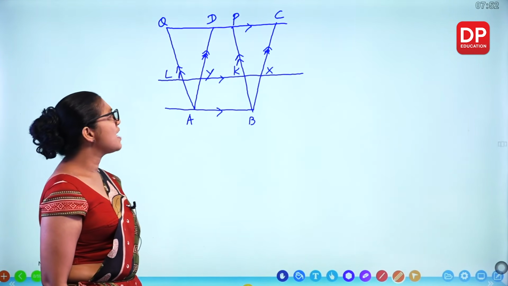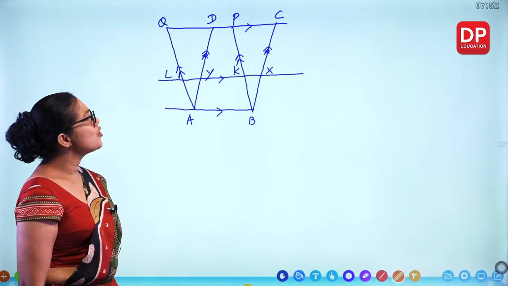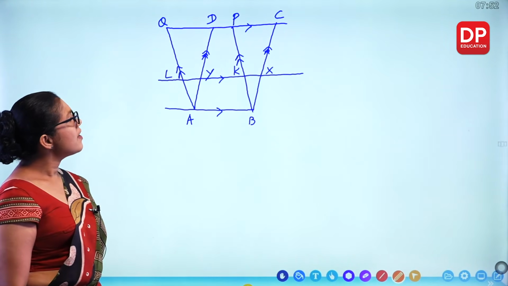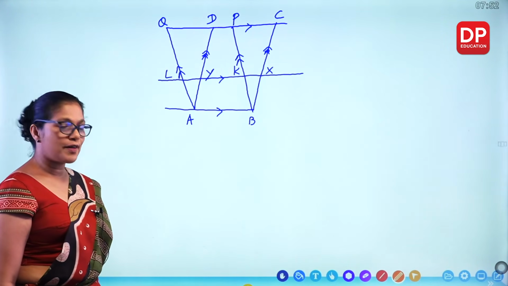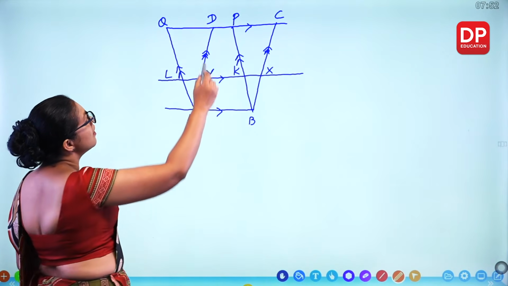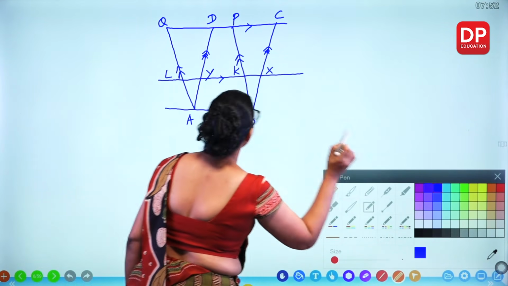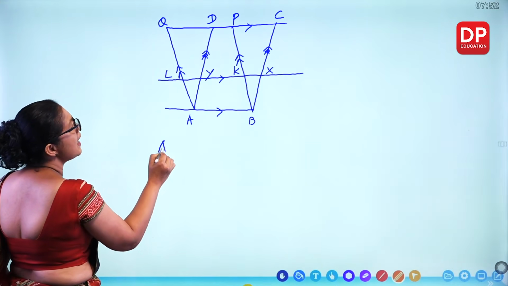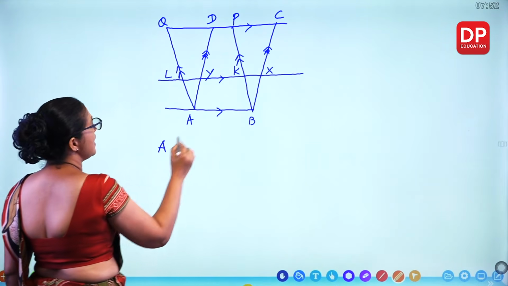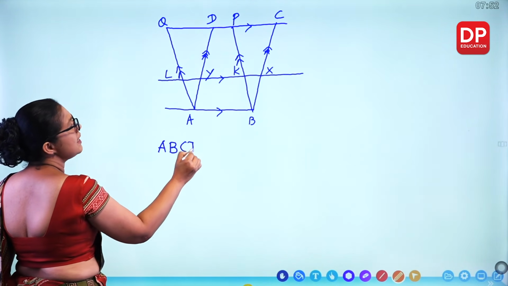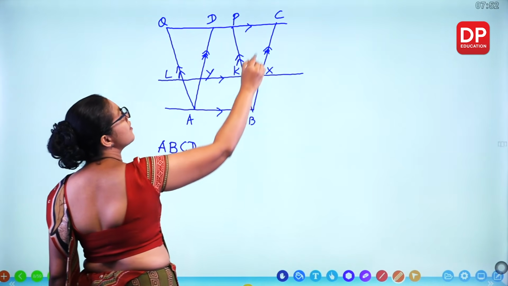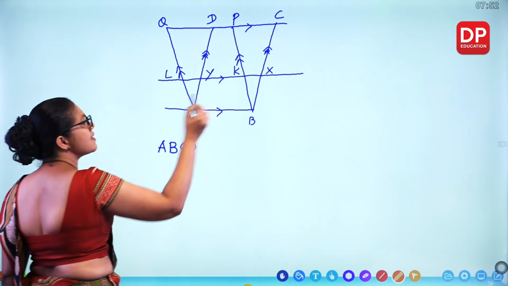Now look at this diagram. What can you see? There are two parallelograms. What are the parallelograms we can see? ABCD is one parallelogram because opposite sides are parallel.